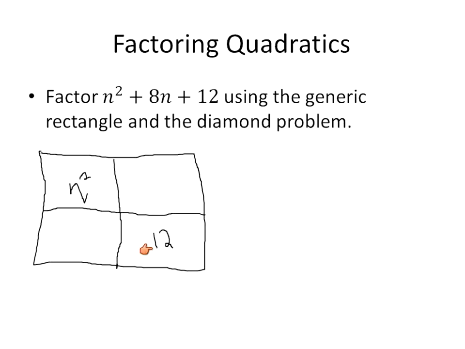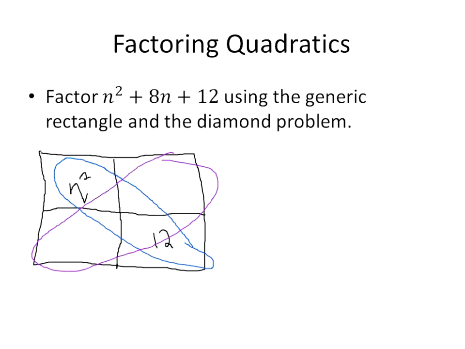Now, one of the patterns that we found last time, when we started going through this lesson and some of the lessons before that, is that when I multiply these two items together, I get the same answer as when I am multiplying these two items together.